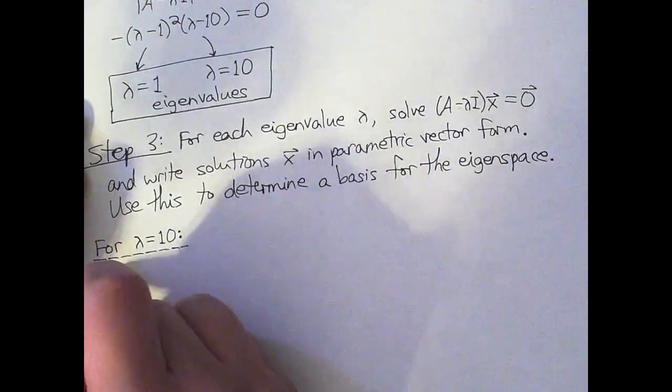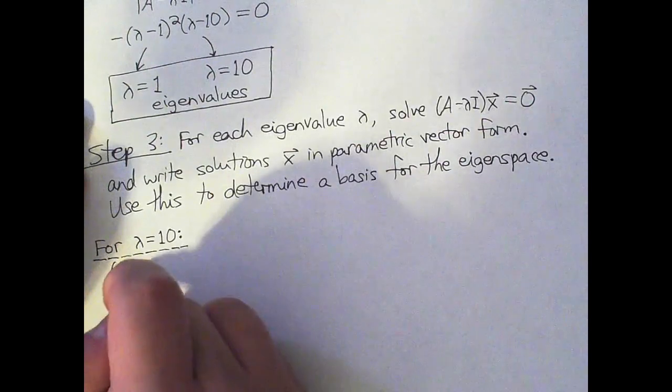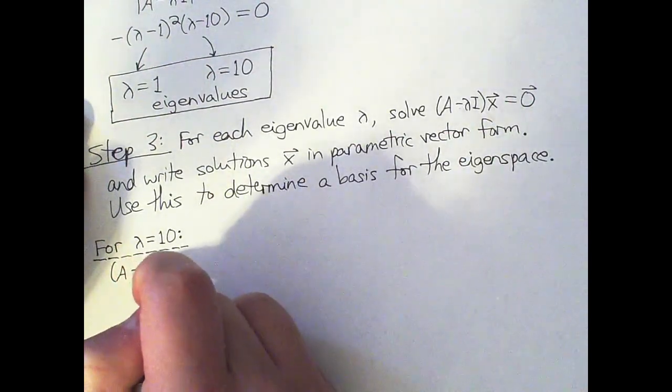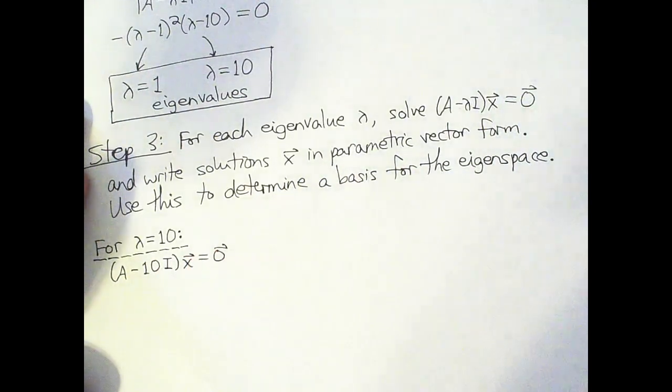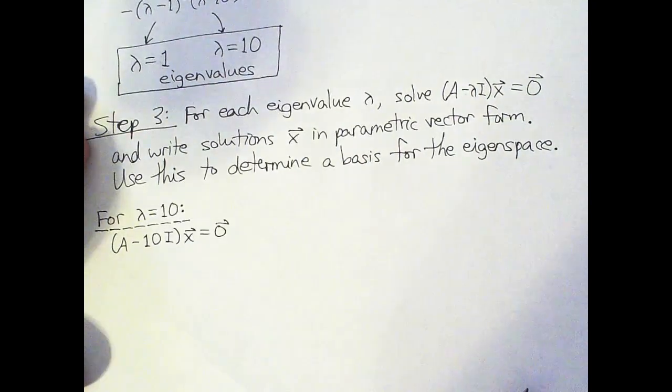So this is going to look like (A minus 10I) x equals 0. This is just an equation we can solve. So finally, we get to do some row reduction and some system solving.